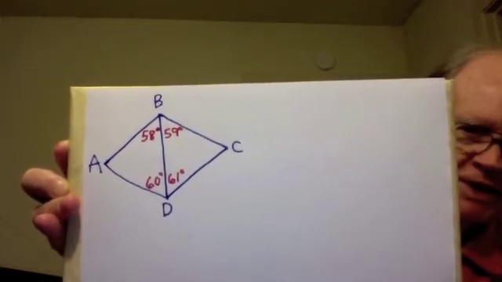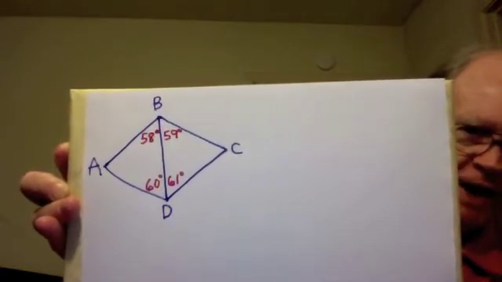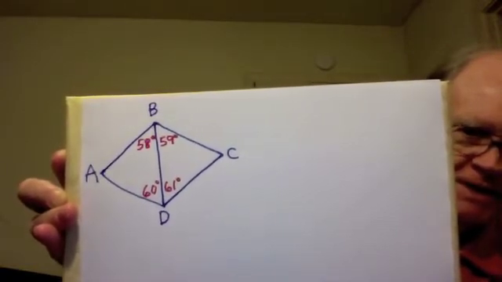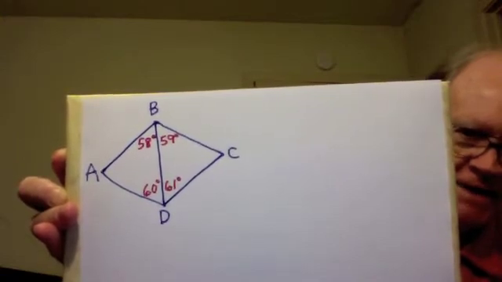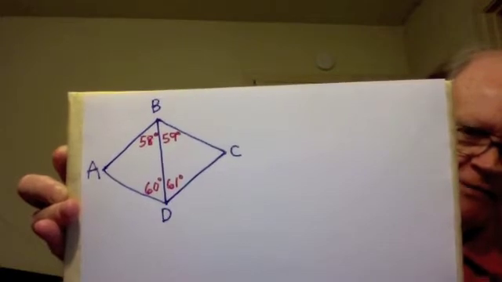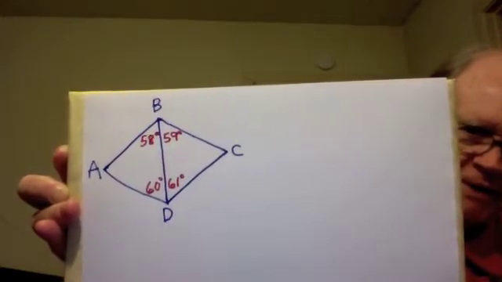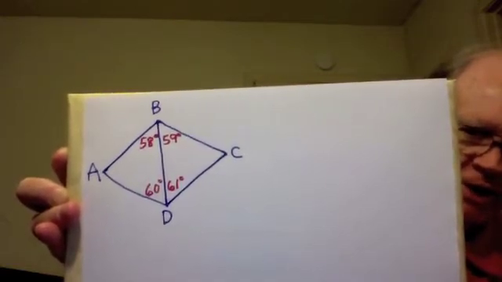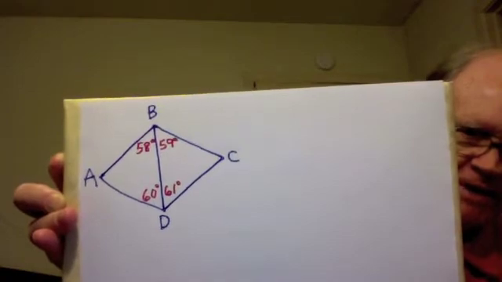And the question is, there are 5 segments in this diagram: AB, BC, CD, AD, and their common side BD. Of those 5 segments, one of the segments is the longest. Which one is that? Which is the longest segment?